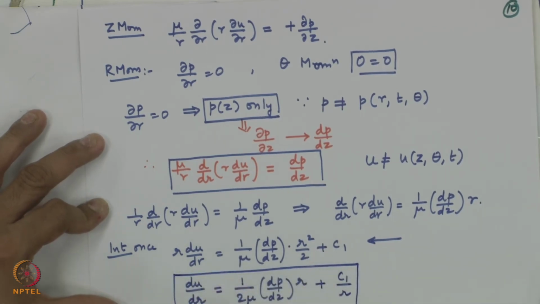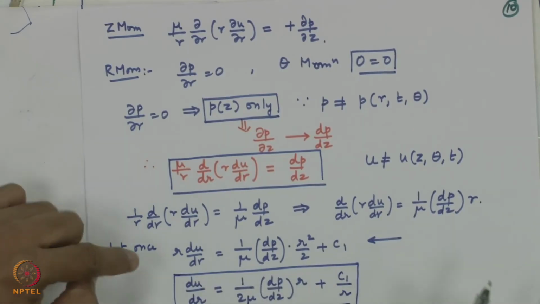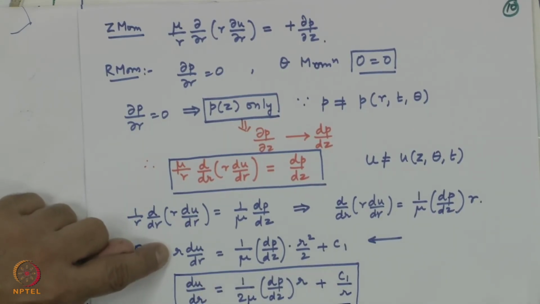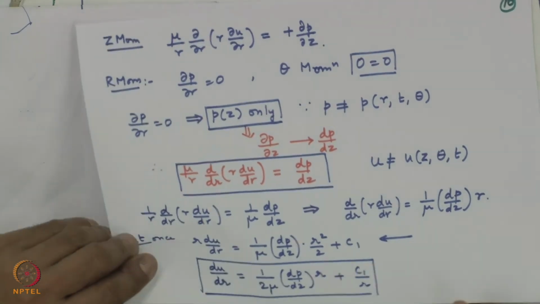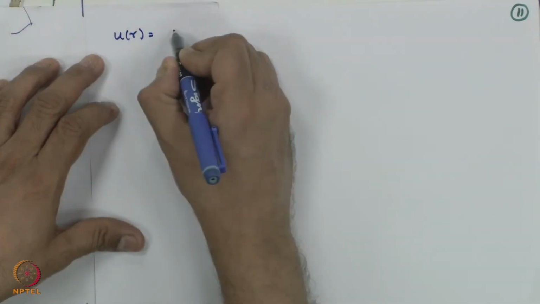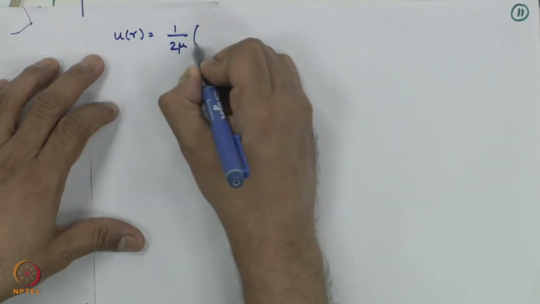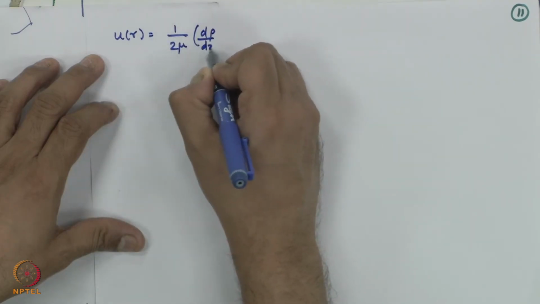This is your first derivative. Remember, we will end up using this form, not the other form, for using the boundary conditions. We will see that in a minute. So, then we go and integrate the second time. Integrating again I get u of r is equal to 1 by 2 mu dp by dz as it is.